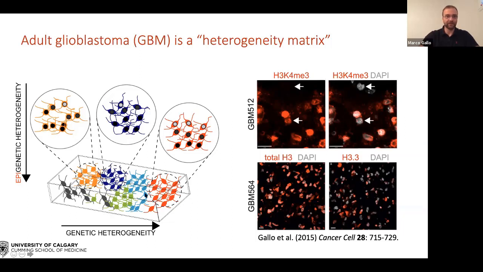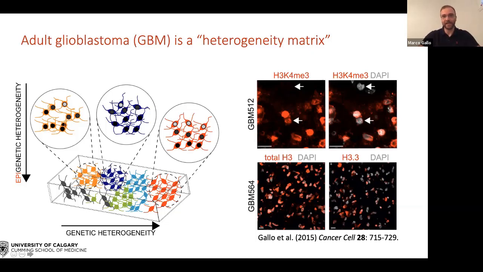Obviously each tumor is a collection of multiple genetic subclones that coexist in a relatively similar environment in each tumor. But then what we've been reporting over the years, and other people have as well, is that there is also a certain level of epigenetic heterogeneity in these tumors. So there are multiple layers of heterogeneity at the molecular level.